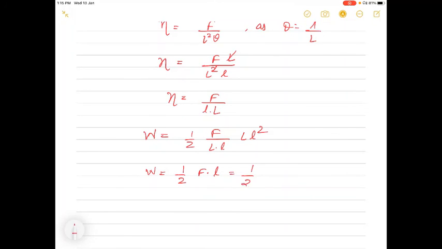So W is equal to half of tangential force into displacement.